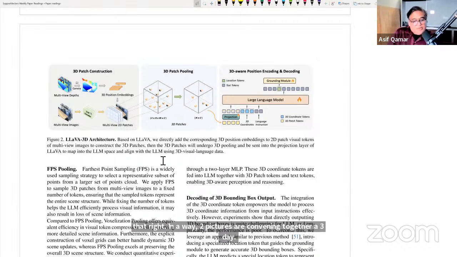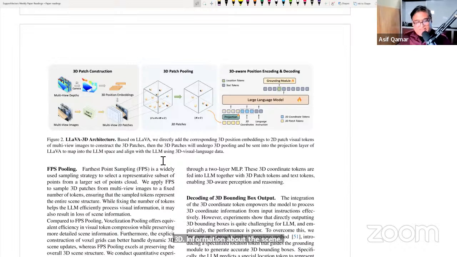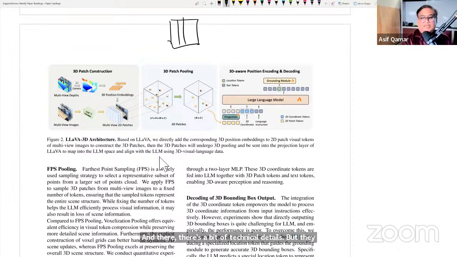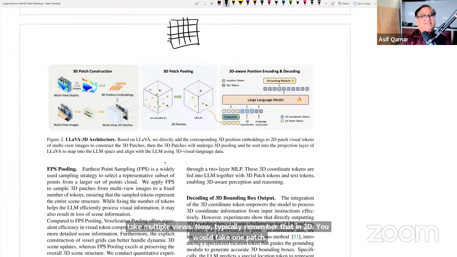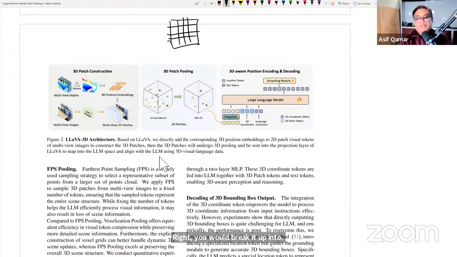What they do is something very simple. There are a few technical details, but they take multiple views. Now, typically, remember that in 2D, you would break an image up into patches. But now there's more, because there is not just one image, there is another image. Even for a 2D patch, there are three channels: the color channel, the height, and the width of a given pixel.